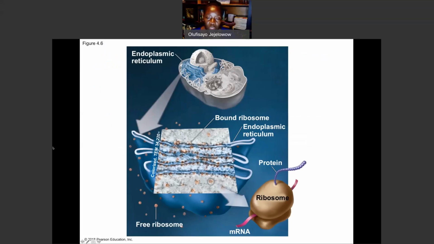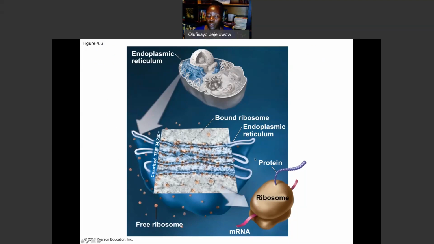So this is when the ribosomes can be found bound to the endoplasmic reticulum, making it rough ER, or they can be found floating freely in the cytoplasm. If we take one ribosome and enlarge it, you will notice that each ribosome has two subunits. This is a large ribosomal subunit. This is a small ribosomal subunit. Each subunit is made of RNA and proteins.